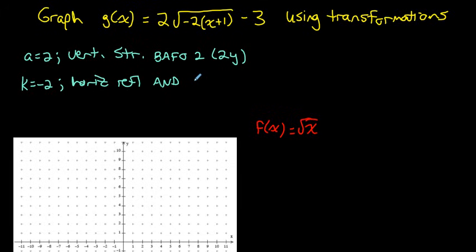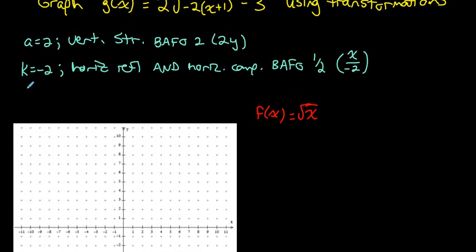And the fact that it's less than -1 tells us that there's going to be a horizontal compression by a factor of always the reciprocal of the k value, 1 over 2. So I need to do these two things. I need to horizontally reflect it and do a horizontal compression by a factor of 1/2. To do those two things, I would divide x by -2.